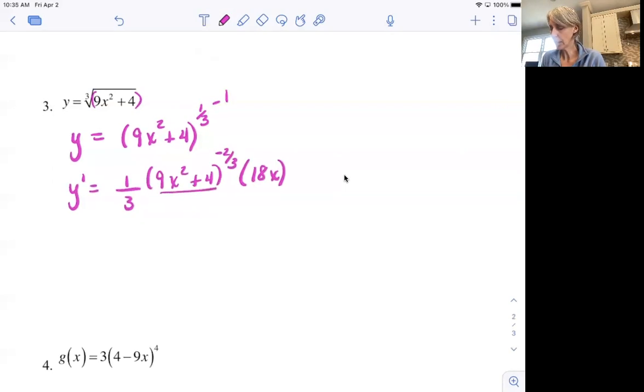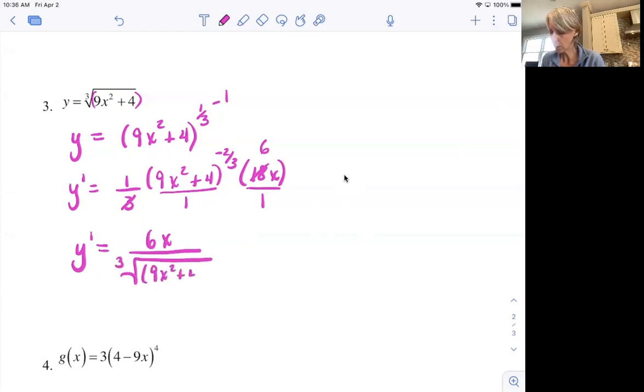Now, just reminding you, these are all fractions now. Those are over 1. This is in my numerator. This is my denominator. So I can clean up and simplify things. y prime equals 6x over the cube root of (9x squared plus 4) squared.